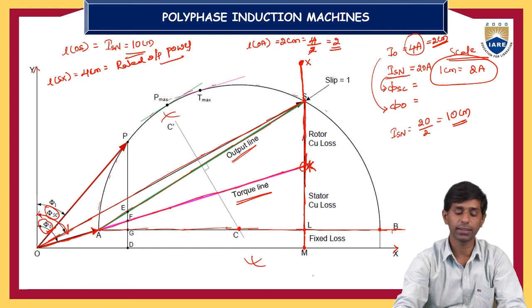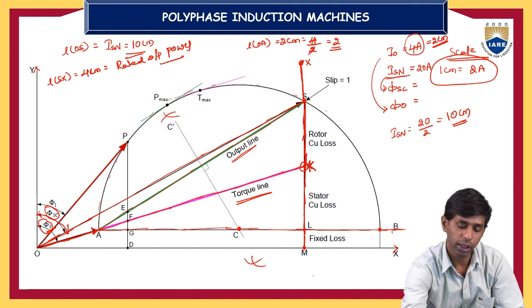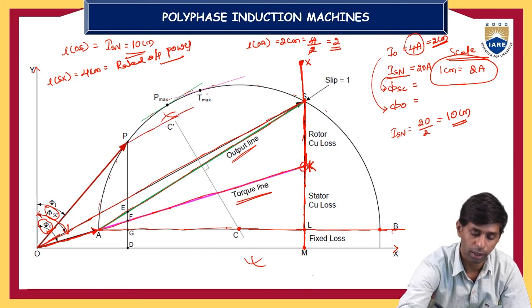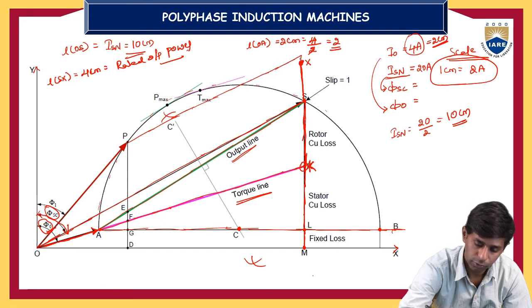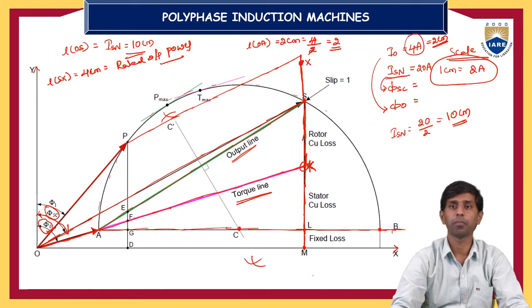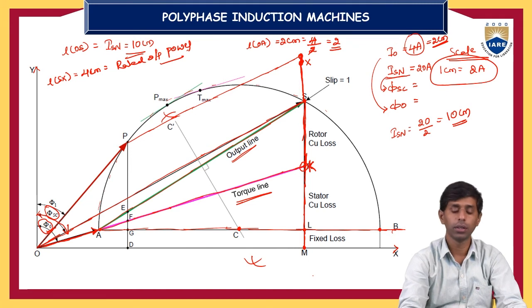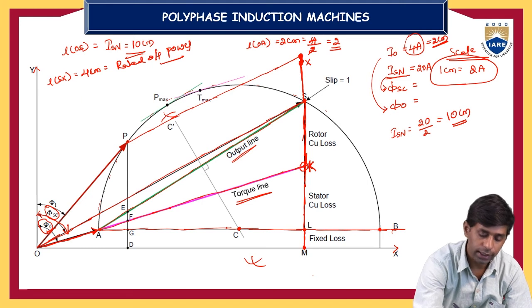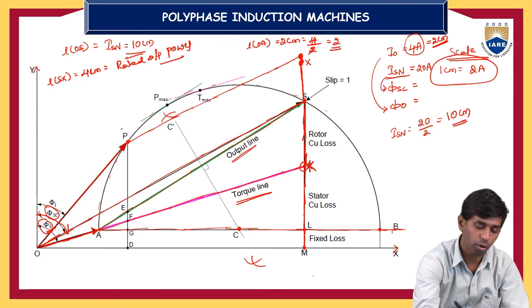Then from point X, draw a line parallel to the output line towards the circle. I am drawing a line from the point X exactly parallel to the output line, which meets the circle at a point I am naming P. This is the point called the full load point.